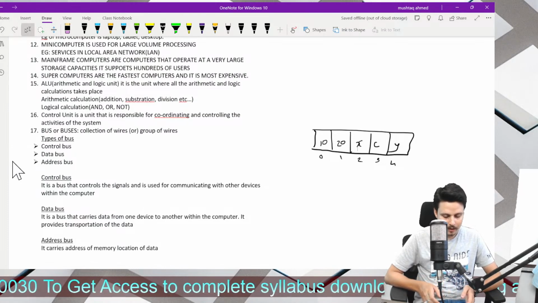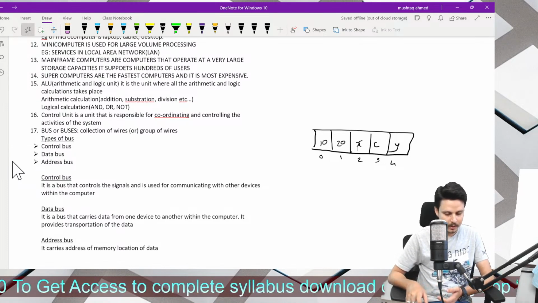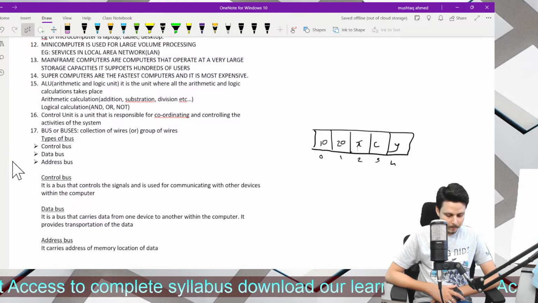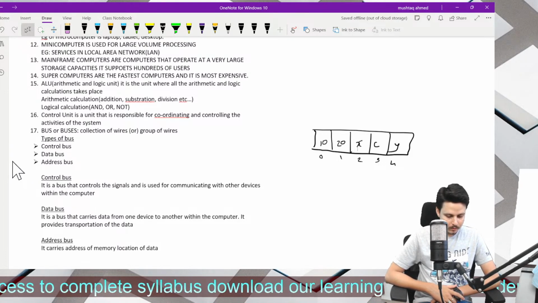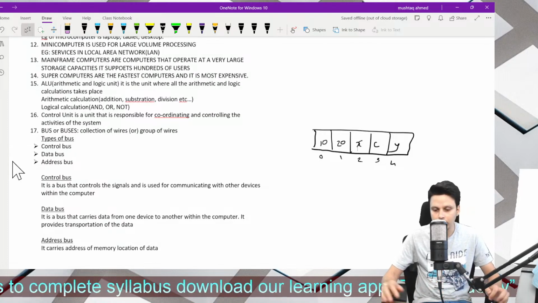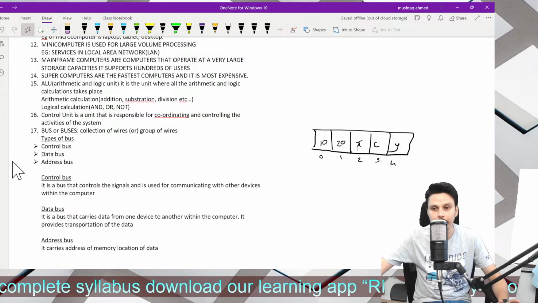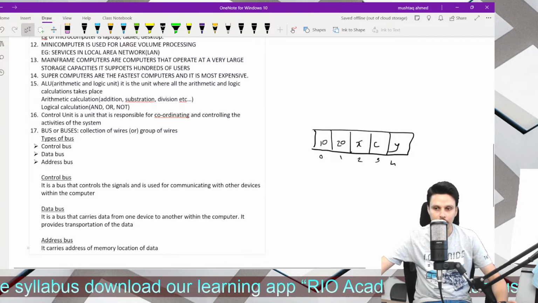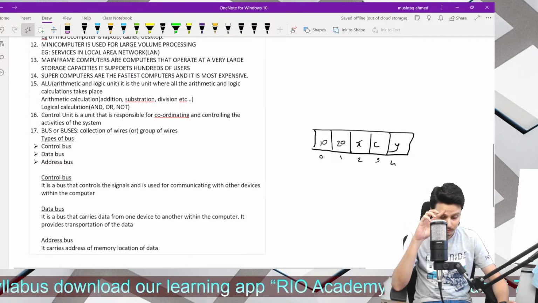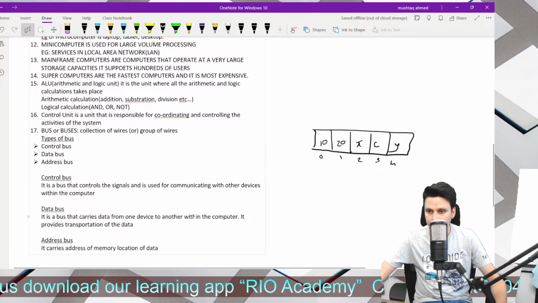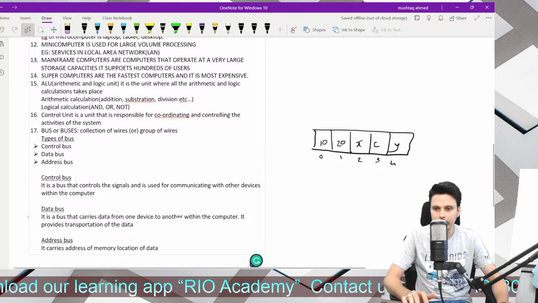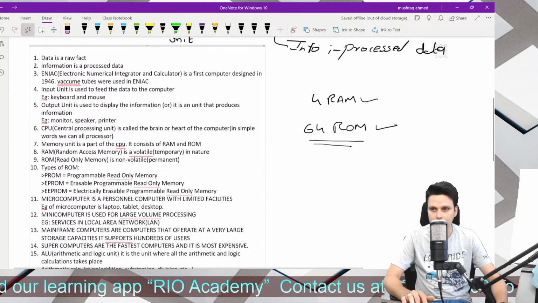So I will explain some abbreviations now. Before going to that, I will explain the generations of the computer. You'll get questions from generations of the computer.